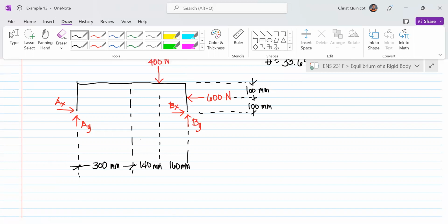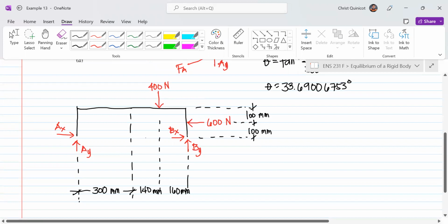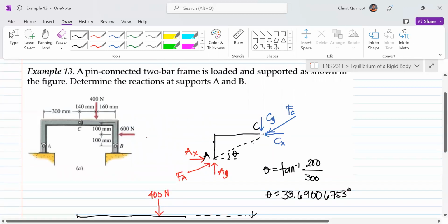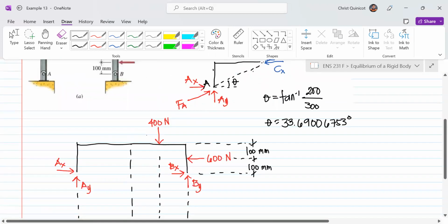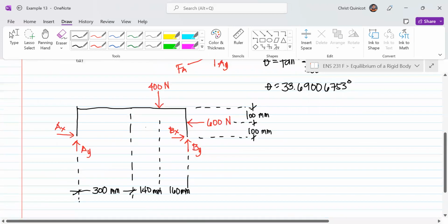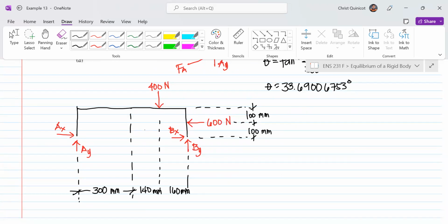There you go. So if we do force summation in either x or y, we will end up with two unknowns. So we'll decide whether we do moment summation at B or at A. You will end up with the same answer.